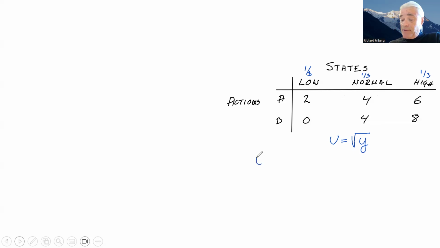Well, we're saying if we're looking at utility of action A, we have what's expected utility?